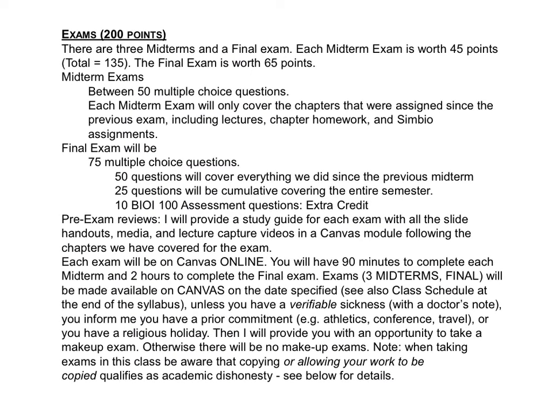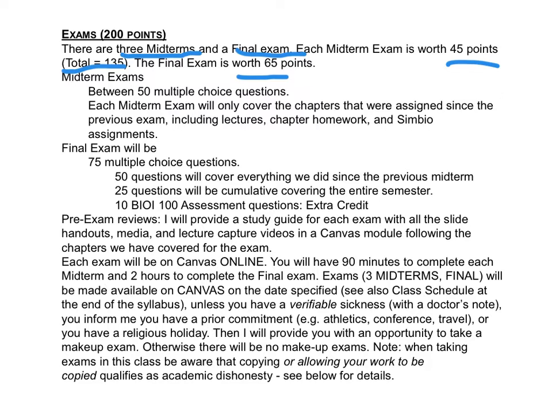Exams. There's going to be 3 midterm exams and a final exam. The midterms are worth 45 points each for a total of 135 points, and the final exam is worth 65 points.